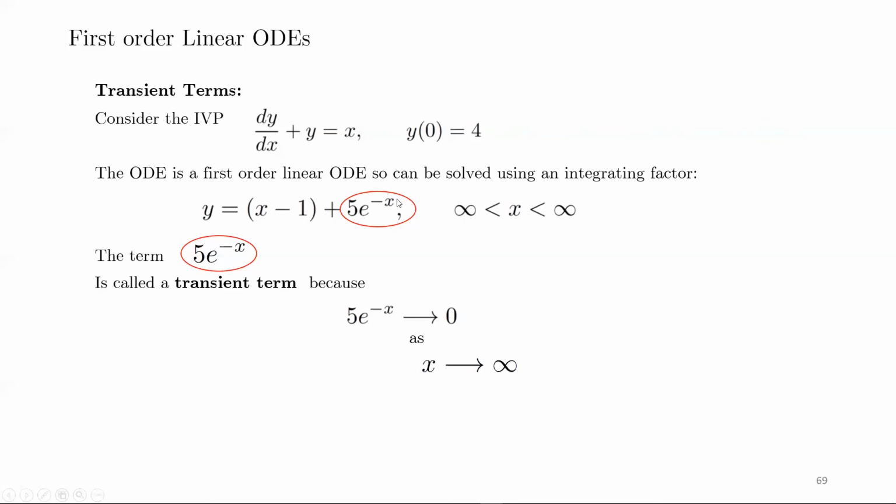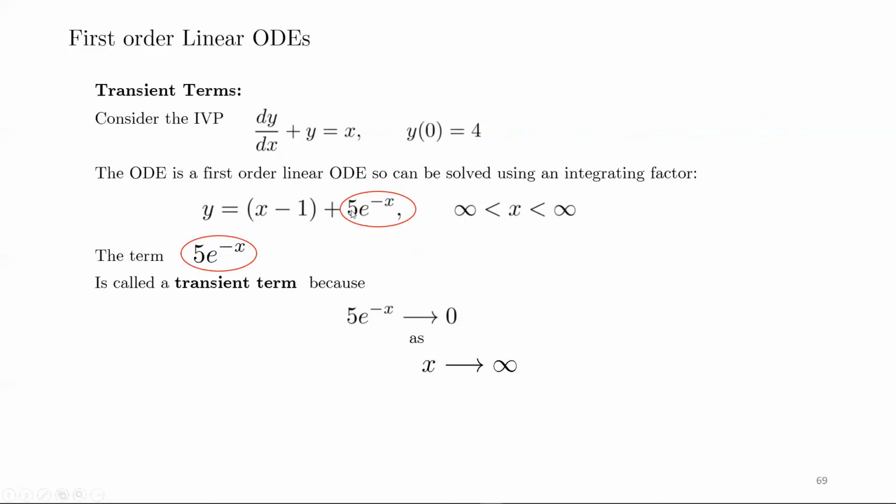If you recall how the exponential behaves, as x approaches negative infinity, e to the x approaches 0.